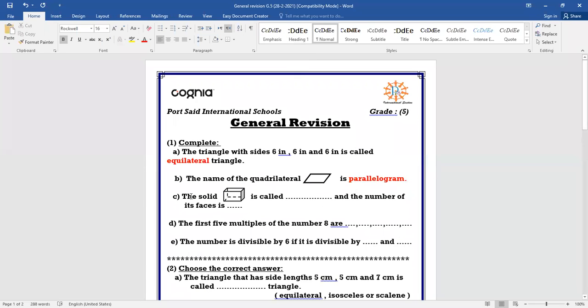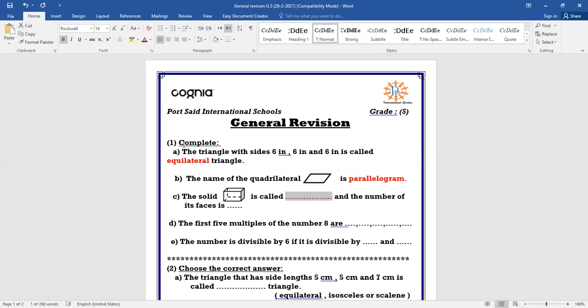طيب, the next. What is the name of this solid? Aysel.